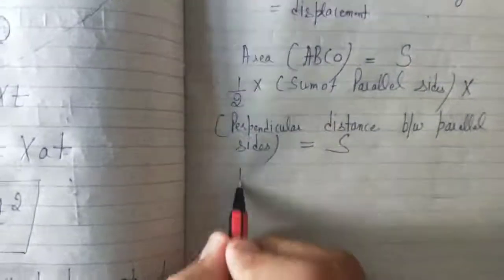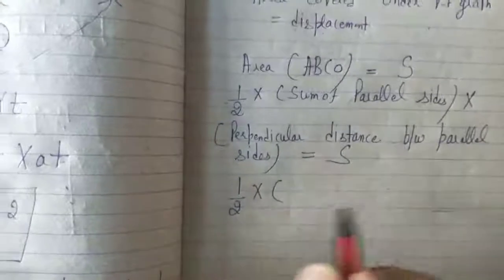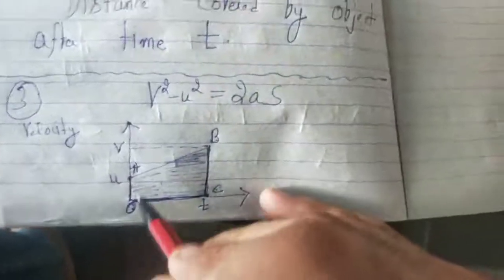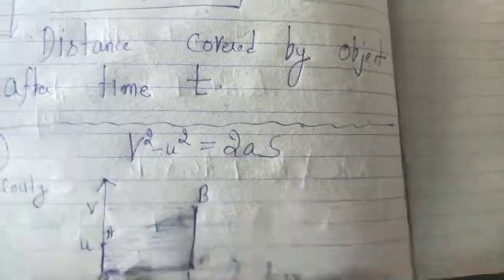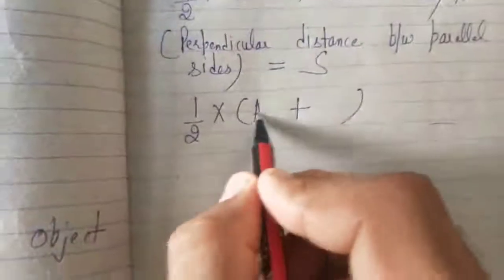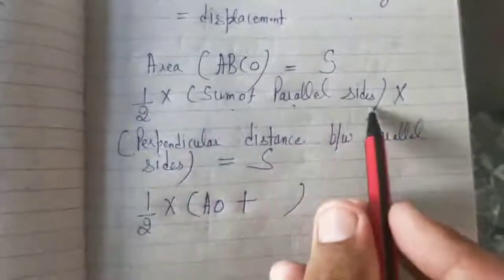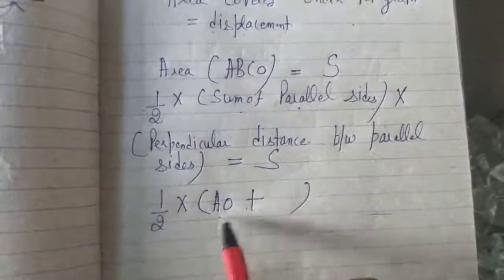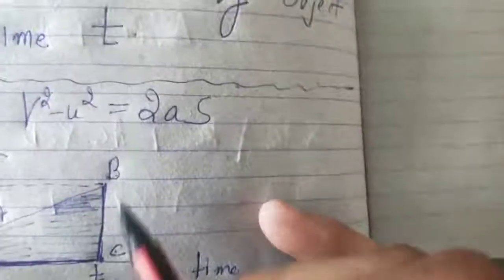So half into, what are the parallel sides? First parallel side name is AO, because we have to take the sum of both the parallel sides. Sum: first parallel side plus second parallel side. So what is the second parallel side? BC.